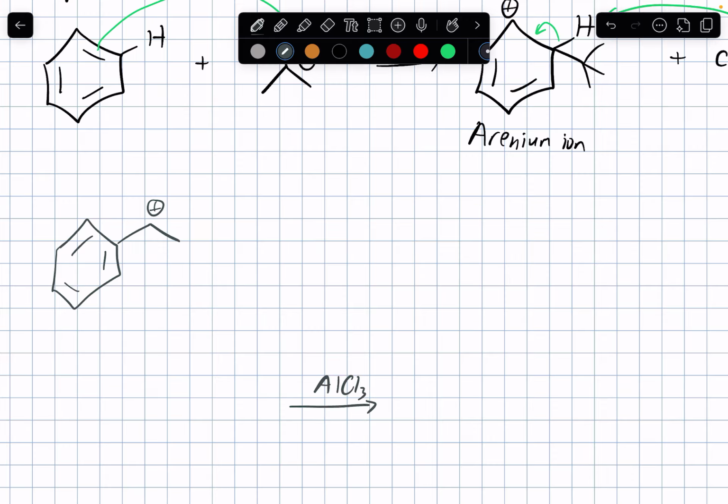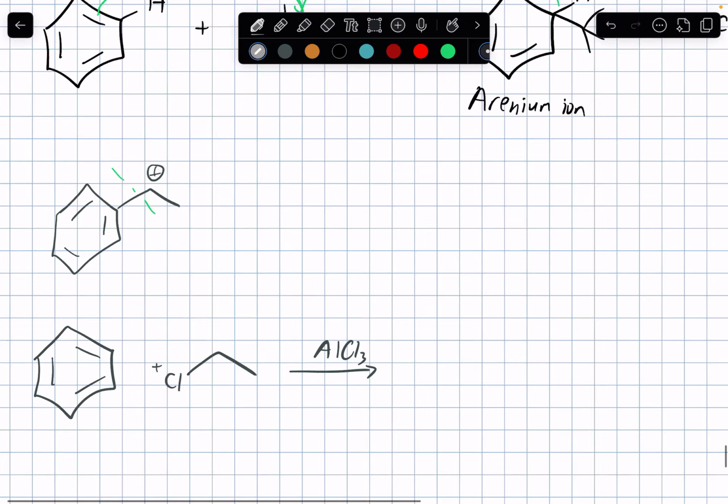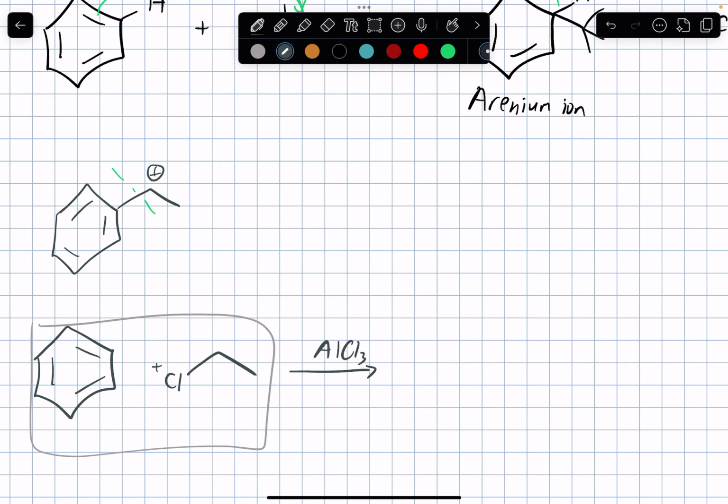And the catalyst is AlCl3. How would you predict? Of course, you would start simply with a benzene. And the electrophile is going to be the alkyl halide, no? And then don't forget the Cl. So these are gonna be your starting reagents for this kind of product.